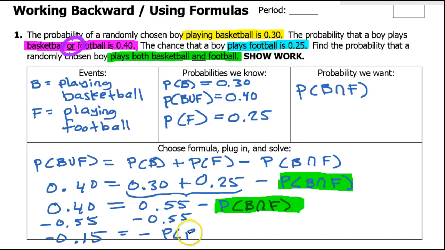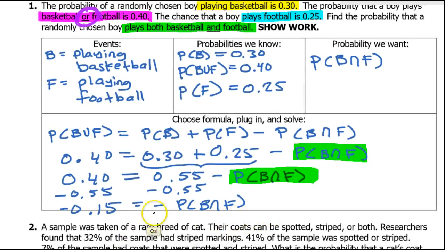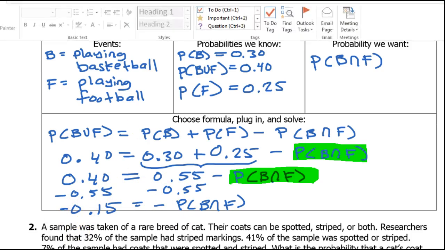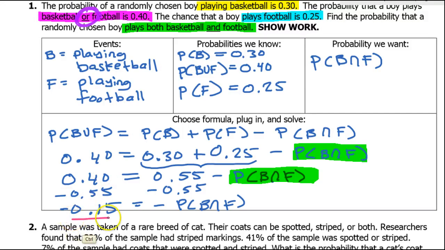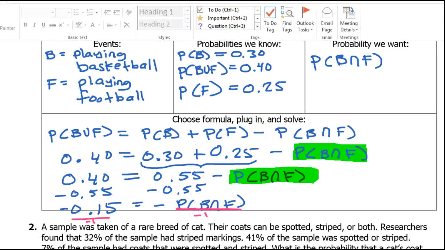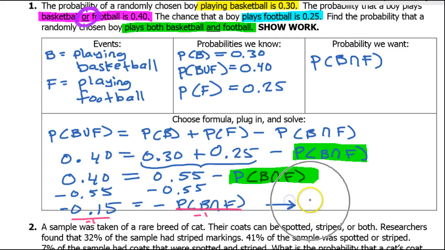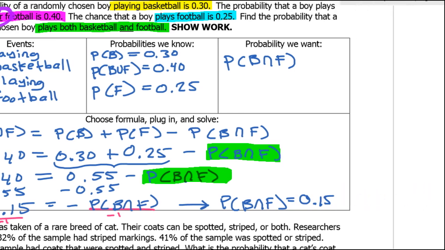Negative probability of B and F. So, I don't like the fact that these are negative. I need them both to be positive. So, I'm going to divide both sides by -1, and that will just have the effect of turning them both positive. And that's going to give me the final answer. So the probability of B and F is equal to 0.15, which is equal to 15%.